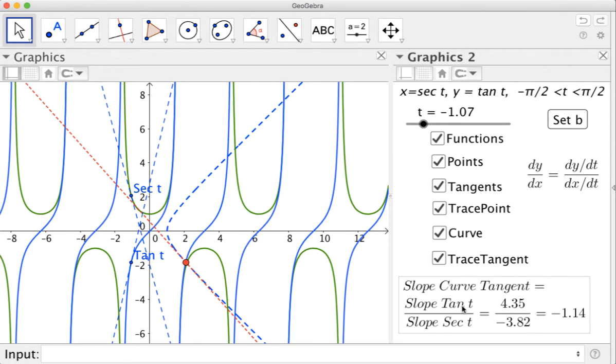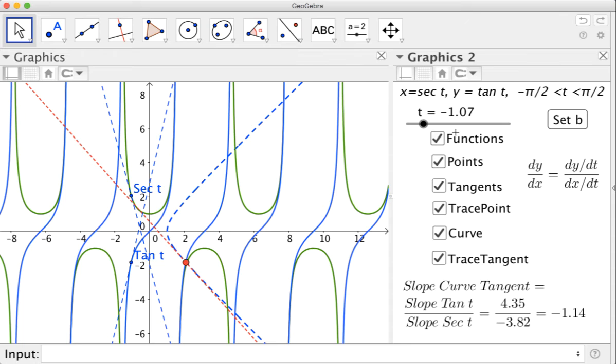So right now we're saying we're going to take dy dt, the slope of the tangent function, divided by the slope for the secant function, which is dx dt, and that's going to give us our rate of instantaneous change, dy dx, which is going to be the slope right here of this red line, which is the tangent line for our parametric curve.